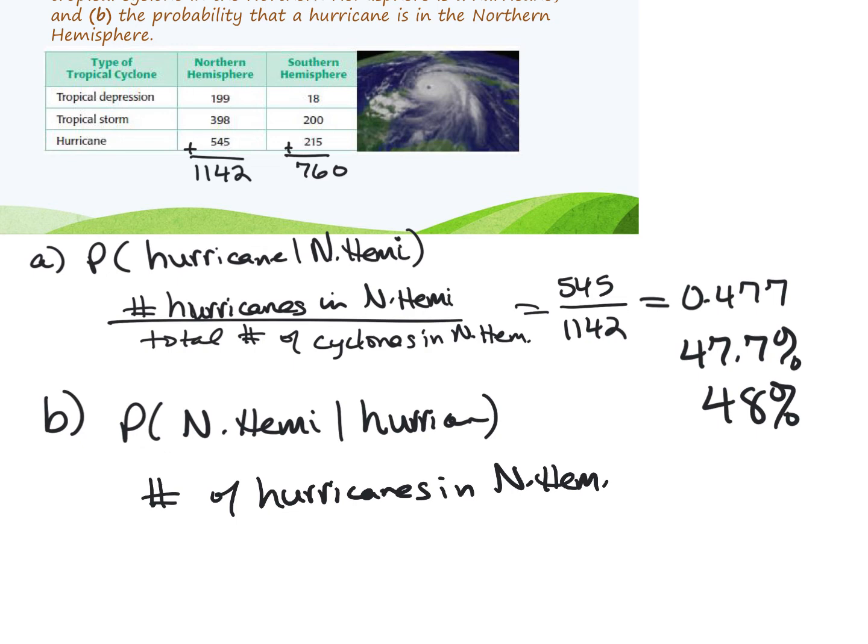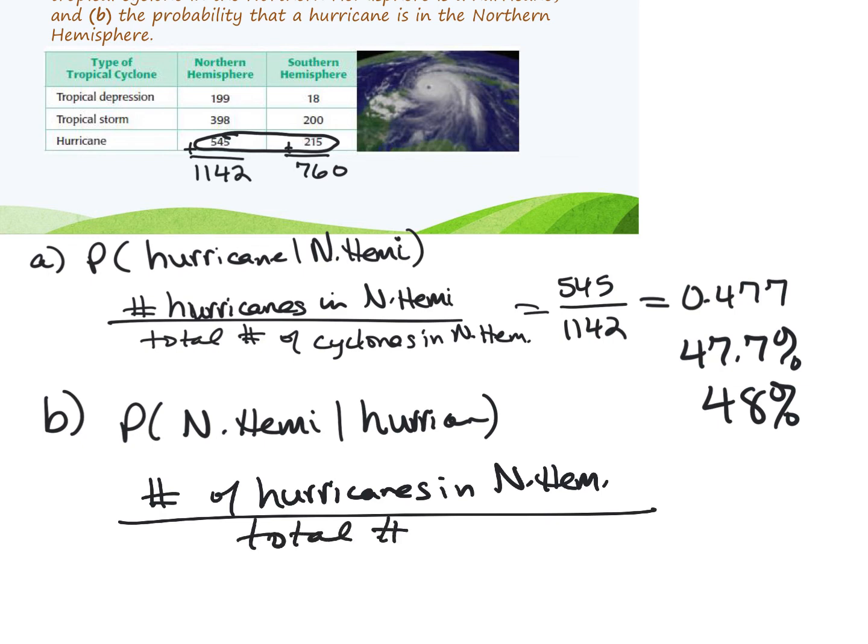Back here when I did this calculation, up here at the top, this 760 was for the total number of hurricanes. So that's what I'm putting here, the total number of hurricanes. So I want to know how many hurricanes out of the total are in the northern. So 545 over the total number of hurricanes, 545 plus 215 is 760.